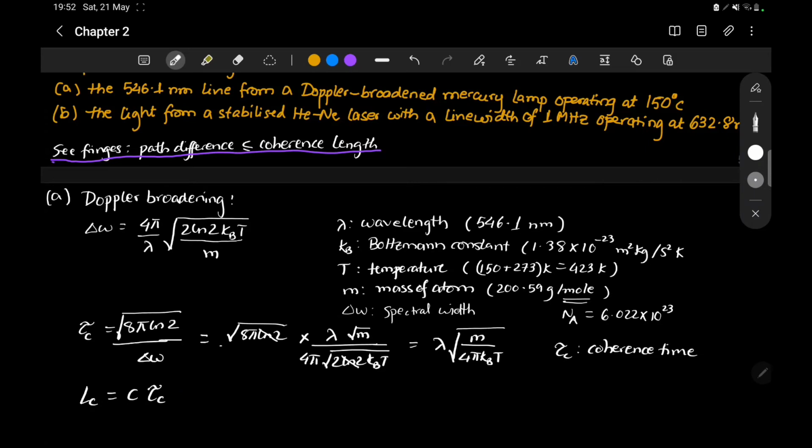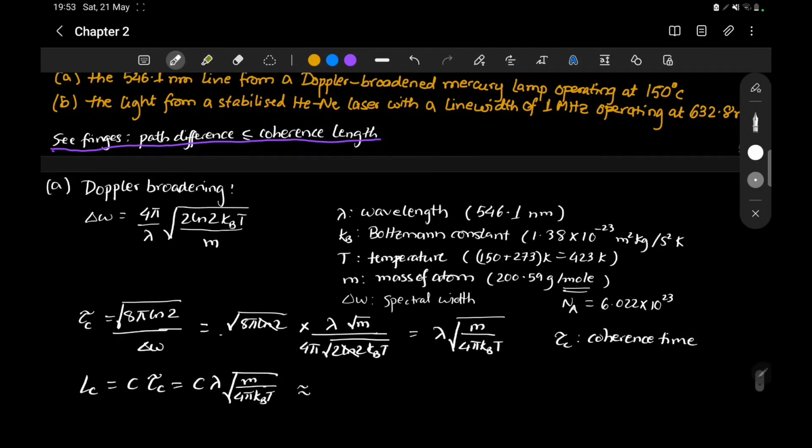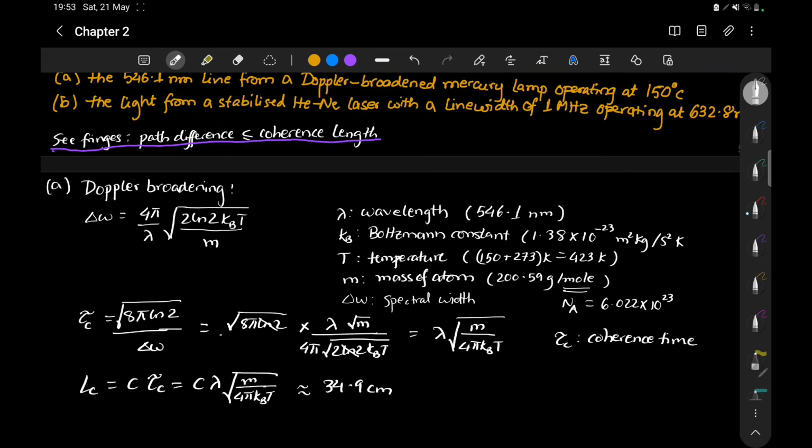So if we put in the above expression, we get this, and plugging in the values for all the constants that we have, we get roughly 34.9 centimeters. This is the coherence length, L_C, coherence length.